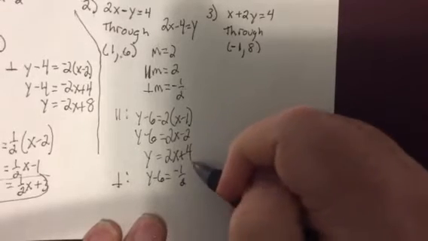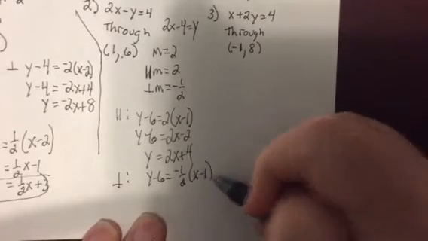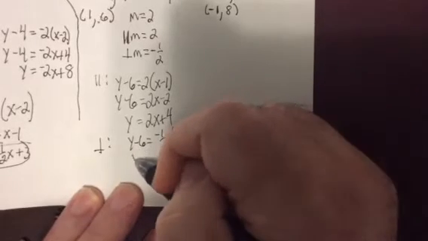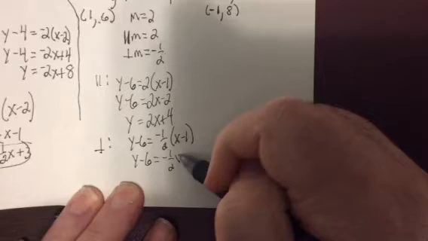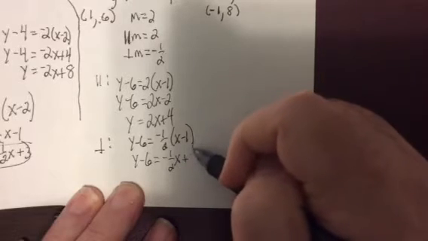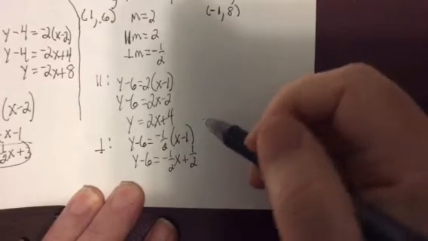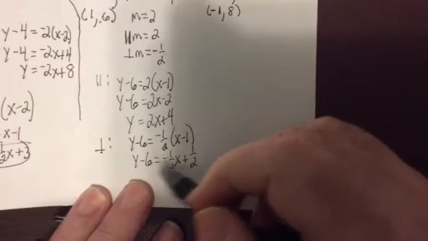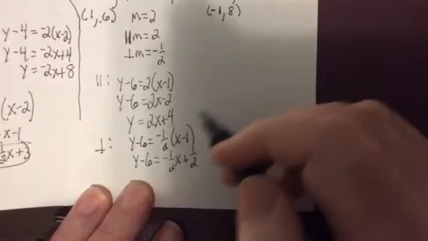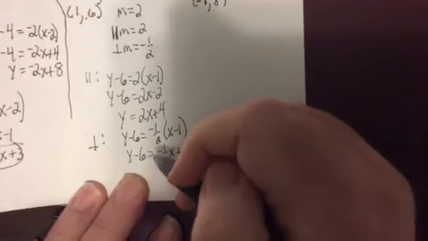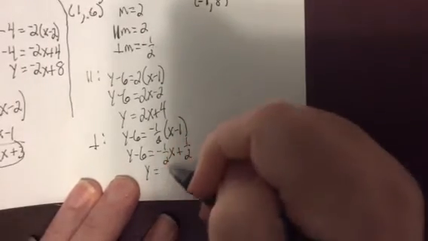So it's y minus 6 equals negative 1/2. So very similar, the two problems, just changing the slope. So y minus 6 equals negative 1/2 x plus a half. Now notice, if this was standard form, we couldn't have fractions. But since it's slope-intercept, we can have fractions. So I'm going to add 6.